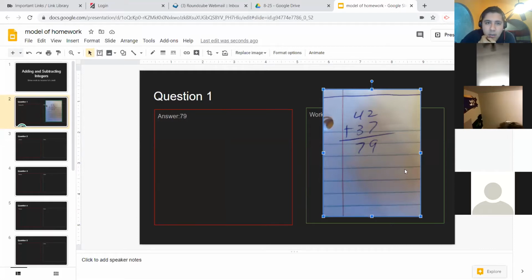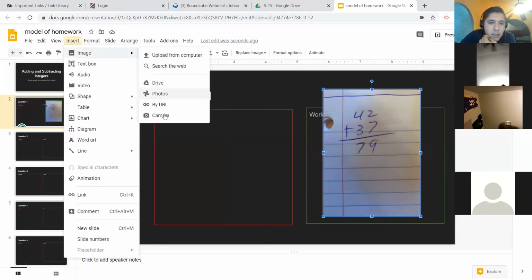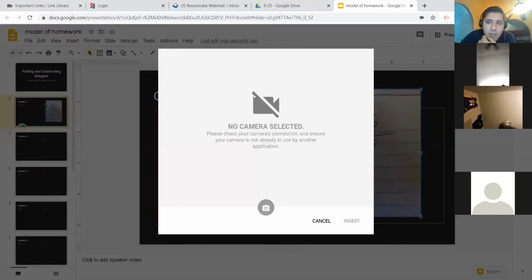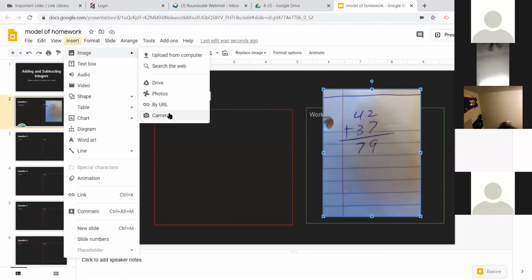You can also come up here where it says insert, image, and then camera. Now I can't do it right now because we're using the camera for Zoom. Let me see if it works. Insert, image, camera.